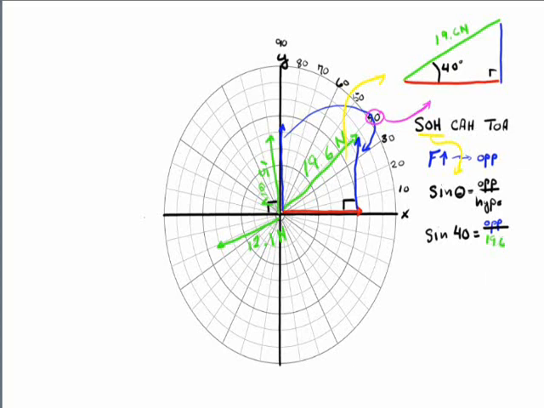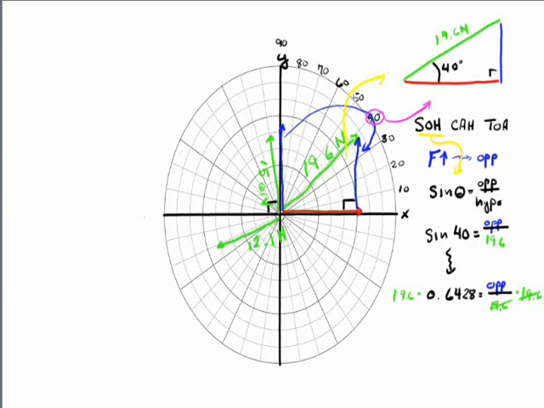Now, if I look on my blue card, I see that the sine of 40 is 0.6428, and that equals opposite divided by 19.6. How do I get opposite all by itself? I multiply by 19.6. Cancel, cancel. Whatever I do to the right, I have to do to the left.